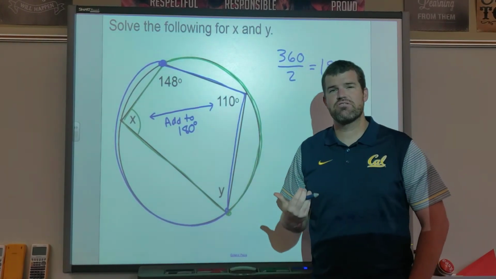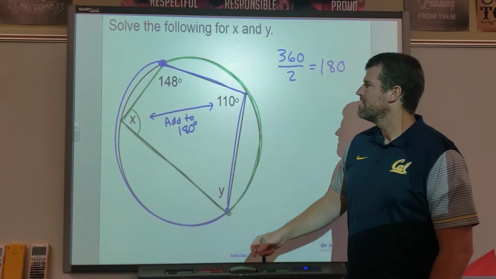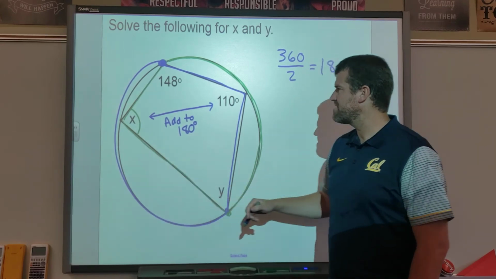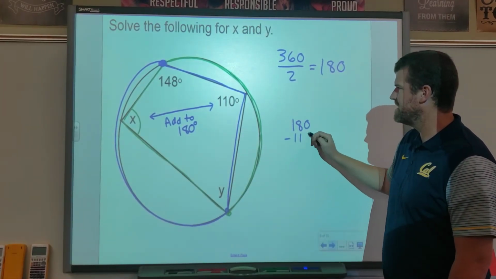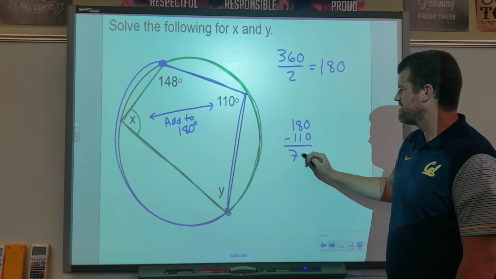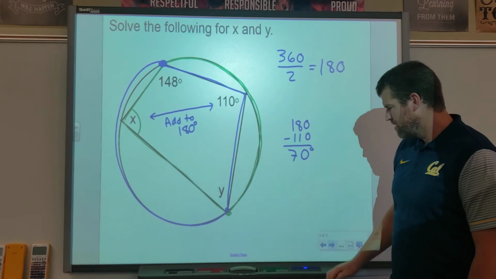Because together, the arcs of those angles form the full 360. So long story short, to solve for x, I can just do 180 degrees minus 110, and I get that x has to be 70 degrees.